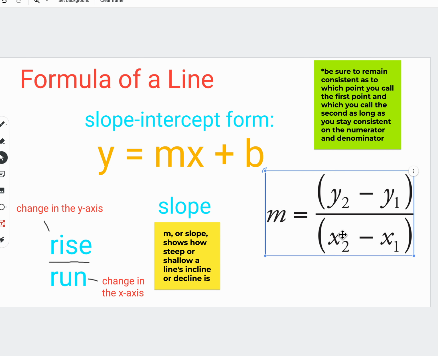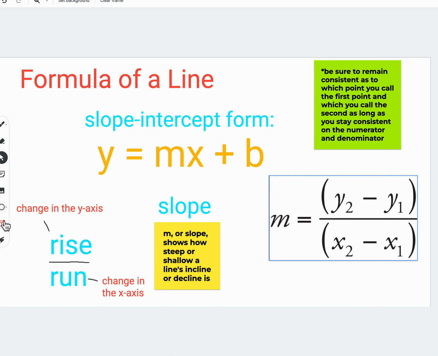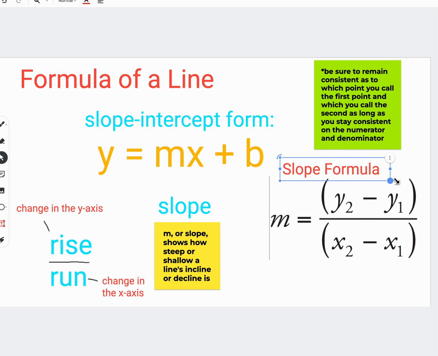Here's our slope formula. M equals y2 minus y1 divided by x2 minus x1.